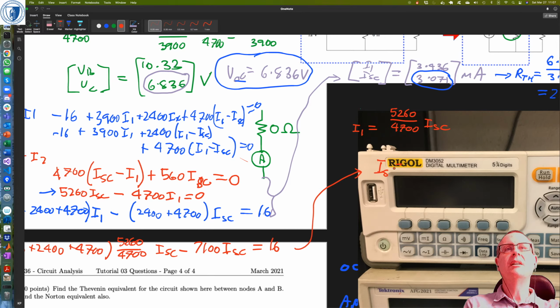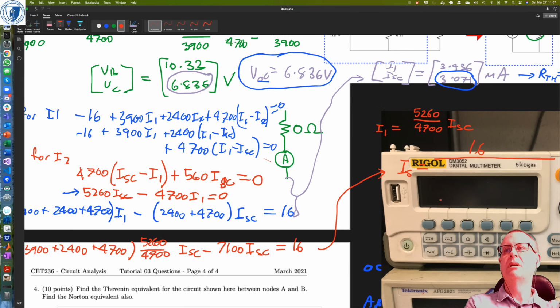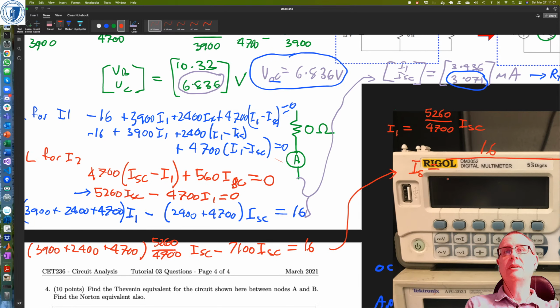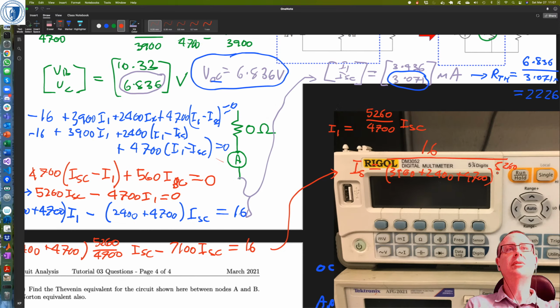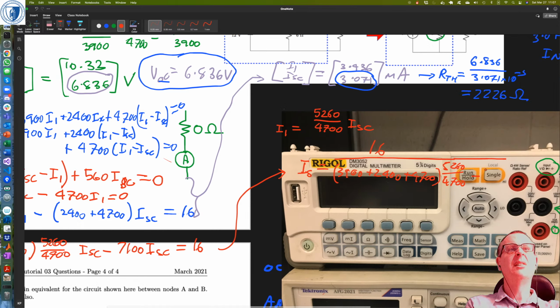ISC equals 16 divided by, now what's it going to be? It's going to be 3900, and I'm going to need a bracket, so 3900 plus 2400 plus 4700 times 5260 on 4700, and then minus 7100.